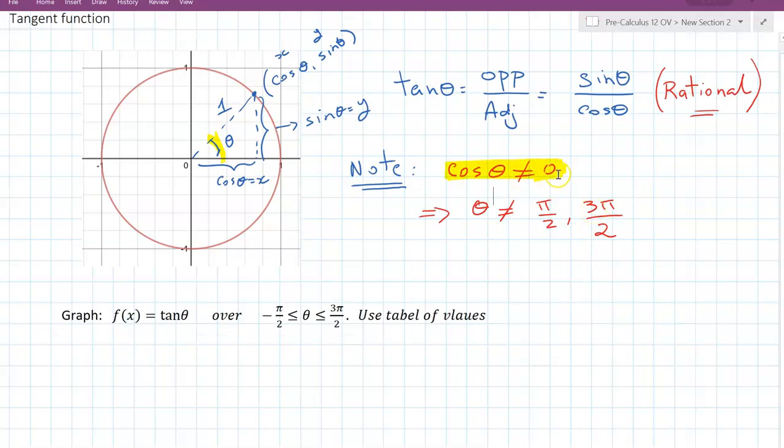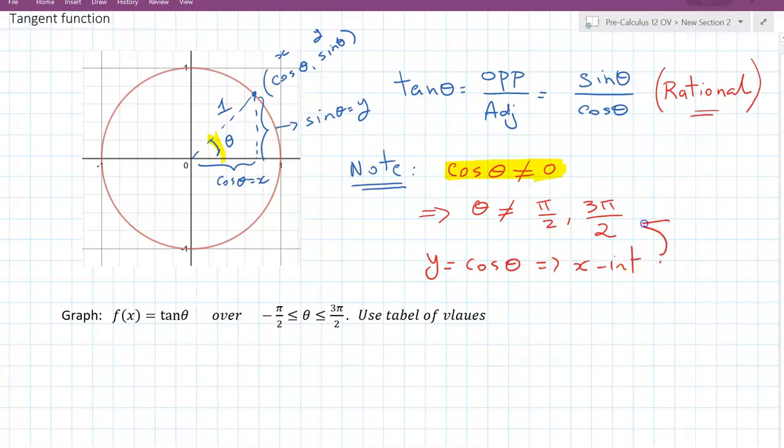And what are the values of theta, the angles, that make cos of theta equal to 0? Whatever those values are, we need to eliminate them, and those values are pi over 2 and 3 pi over 2. Now if you are in doubt of this, you can go ahead and graph y equals cos of theta, the function cos of theta, and look at the x-intercepts.